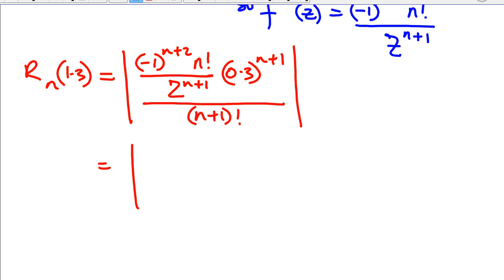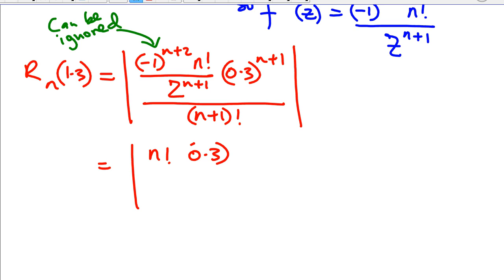So we can ignore that, because of the absolute value signs. So what we'll end up with is something like this: n factorial multiplied by 0.3 to the power n plus 1 over n plus 1 factorial multiplied by z to the power n plus 1.